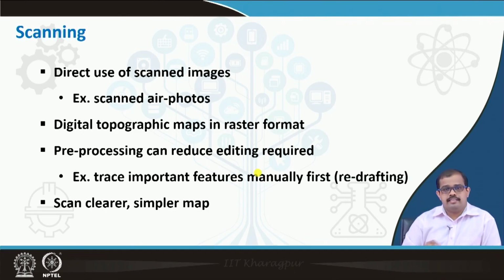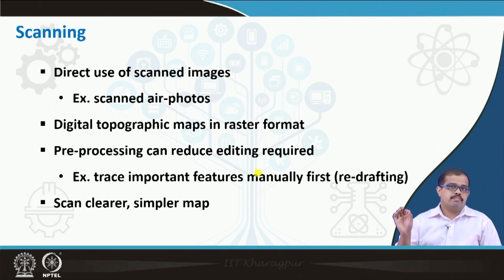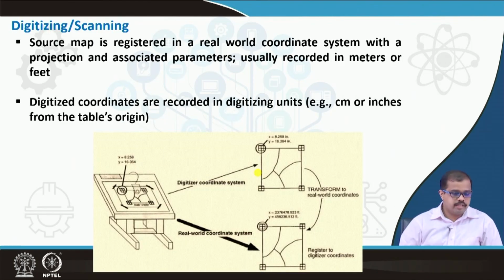First trace important features manually, then give the rest for automated extraction. Don't do automated extraction always, you would miss a lot of features. Trace it first, then use automated extraction. Scan clearer, simpler maps, that is the best way. Otherwise it's going to be tedious.